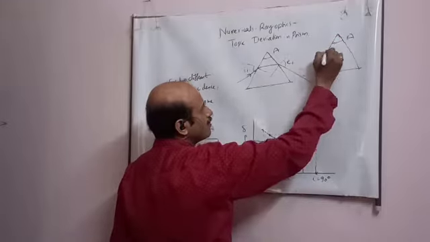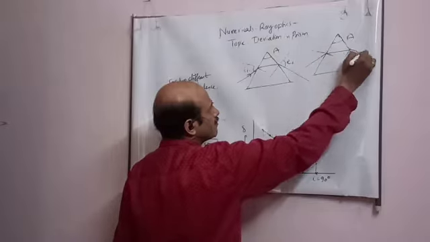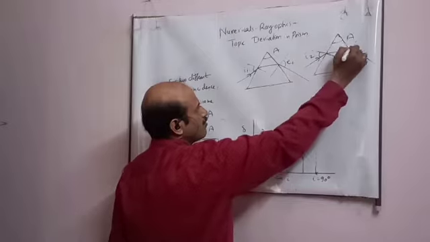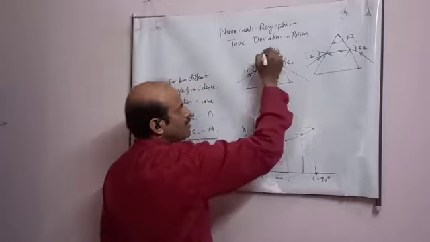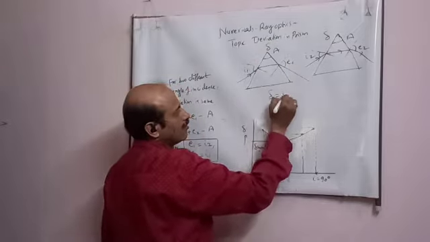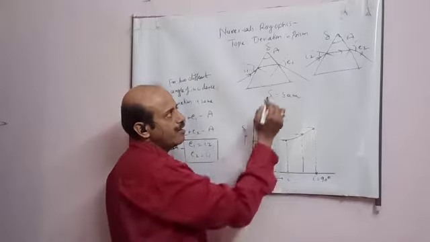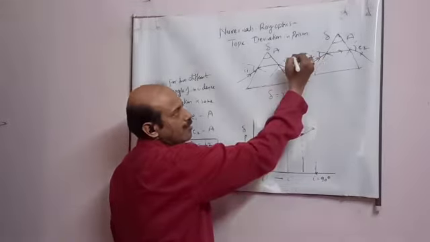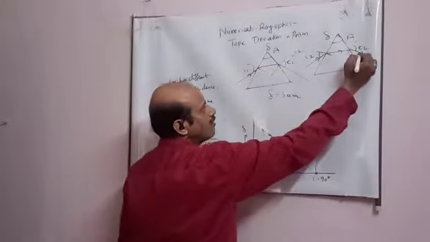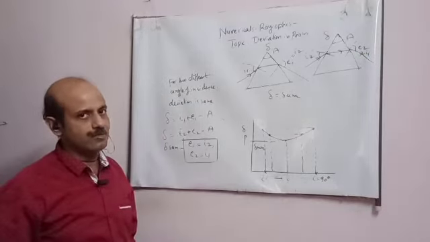This is A. This is angle I2, student. And suppose delta is the same. Deviation is the same in both the cases. In that case you have to remember, student, this E1 will become equal to I2 and this E2 will become equal to I1.